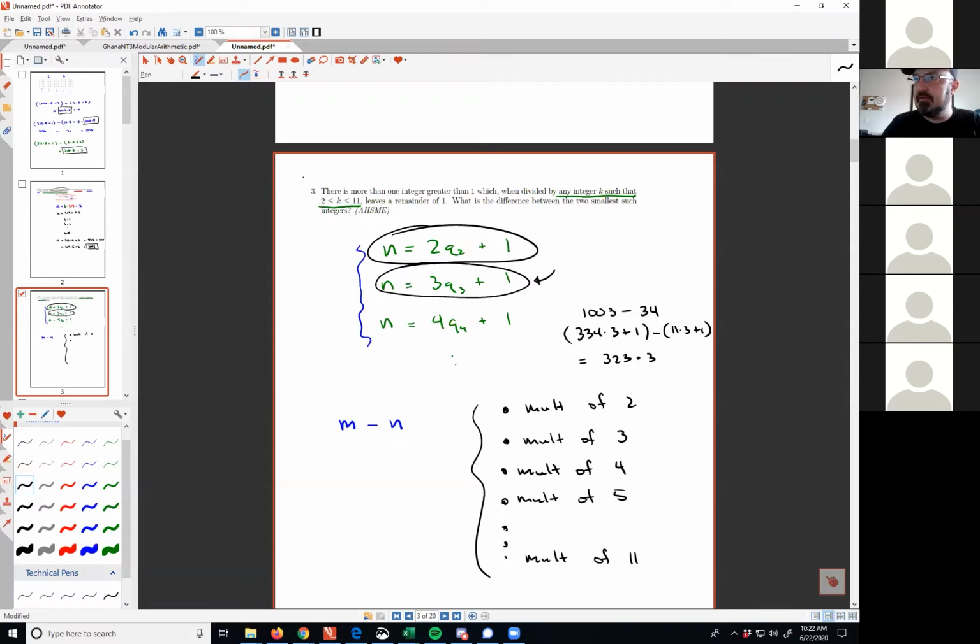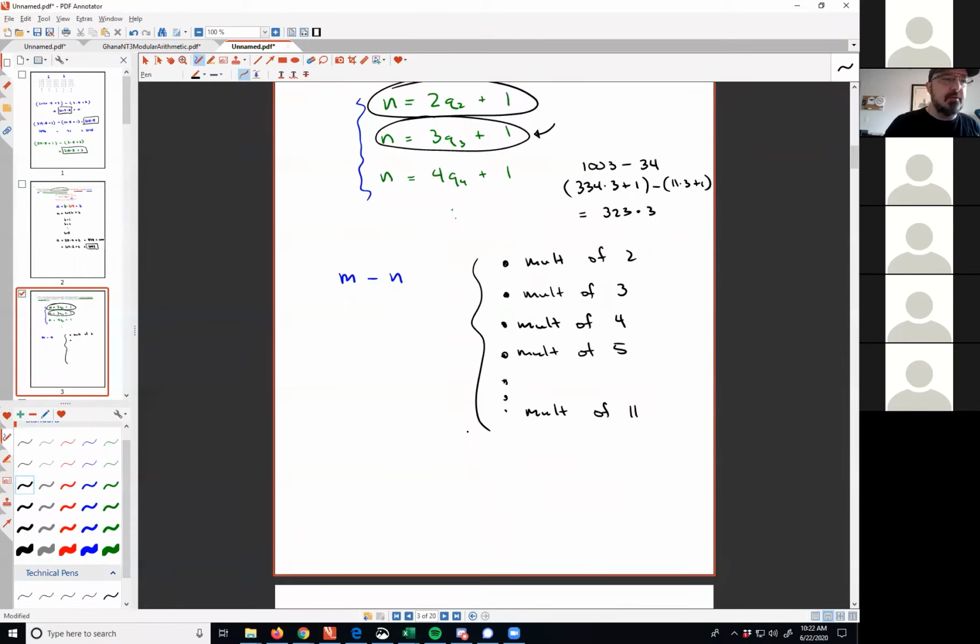I'm just going to guess that m minus n is going to be the LCM of 2 to 11 inclusive. Yes. m minus n is a number that is a multiple of all these other numbers, 2 to 11. So it must be a multiple of their least common multiple.